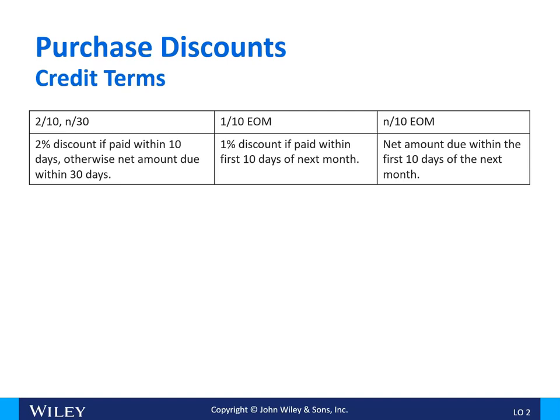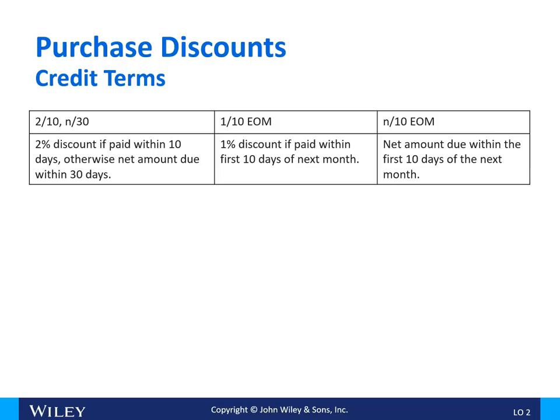So there can be any combination listed the same way for credit terms. You could have 1.5/5, n/45: a 1.5% discount in 5 days, or the net in 45. So anything you can think of, a combination, probably could be used as credit terms.